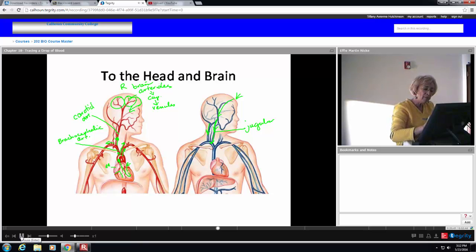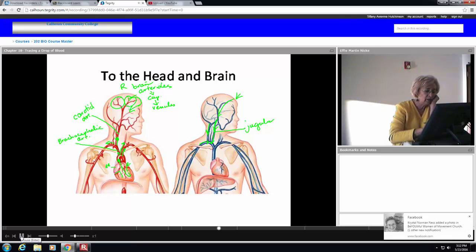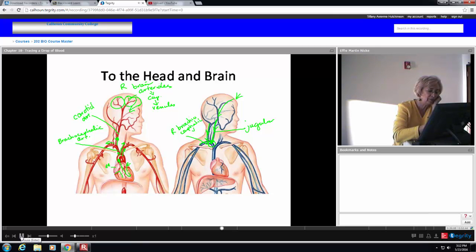When you come back into circulation, notice how this vessel, which is under the collarbone or clavicle, is meeting up with the jugular, whether it be internal or external, and forming a little branch together. This is called the right brachiocephalic vein.